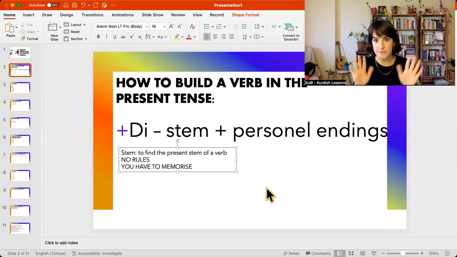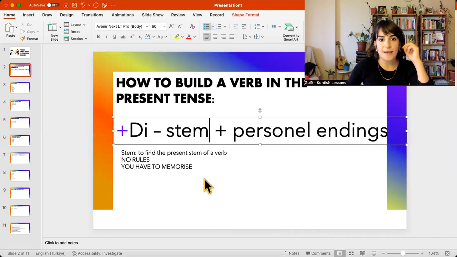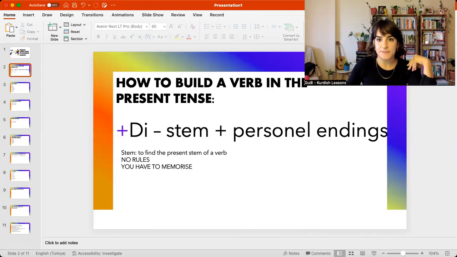So we have to memorize the present stems. But don't be afraid. Our students memorize them easily because they always see them. This stem is not only for present, it is also for future, subjunctive, modal, imperative, etc. So you memorize once, but you use it in many different places. Okay, so this is about the stem and personal endings.